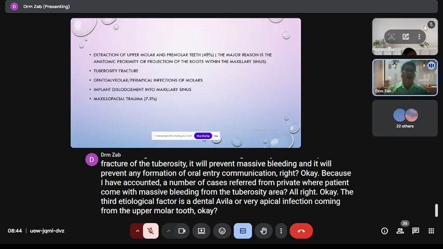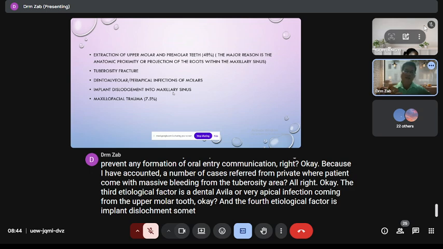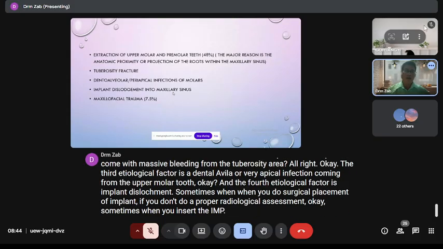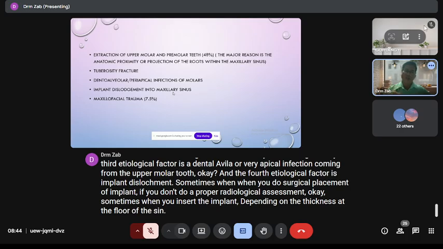Okay. The fourth etiological factor is implant dislodgement. Sometimes when you do surgical placement of implant, if you don't do a proper radiological assessment, when you insert the implant, depending on the thickness at the floor of the sinus, you may dislodge the implant into the sinus.